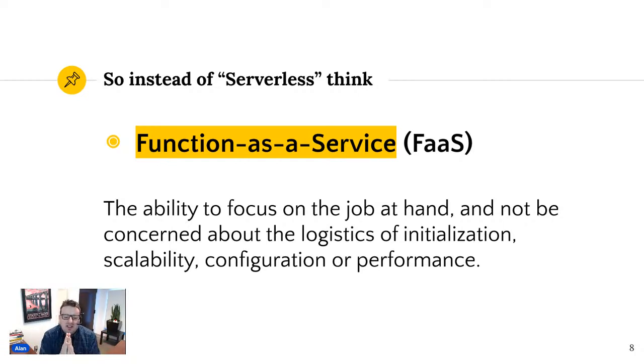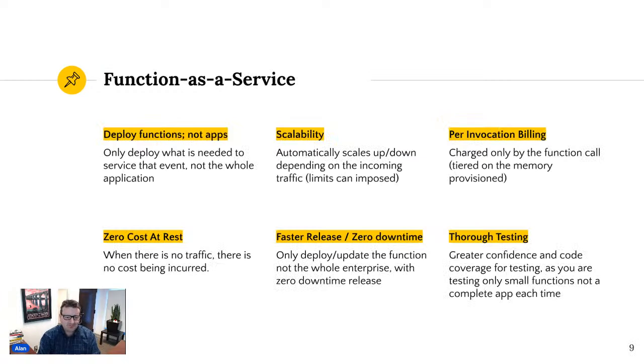But it allows us to get back to the job at hand and not be worried about the overall logistics of the server, the initialization of security, scalability, configuration, and all that sort of stuff. We get down to servicing what needs to be serviced. So when we think about function as a service or serverless, we're deploying functions. We're not deploying apps or servers. We're deploying what needs to be done. And effectively, you're deploying a piece of code that's going to run off of a given event.